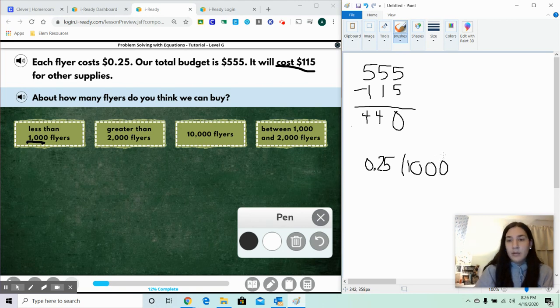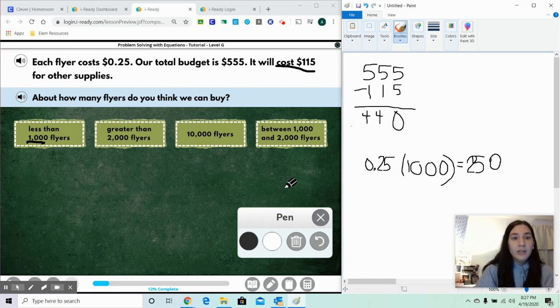Now you can use the calculator on your phone, whatever's easier. Or we can use mental math. We know that we have 3 zeros here, so we're going to move the decimal point 3 times to the right, which would give us $250.